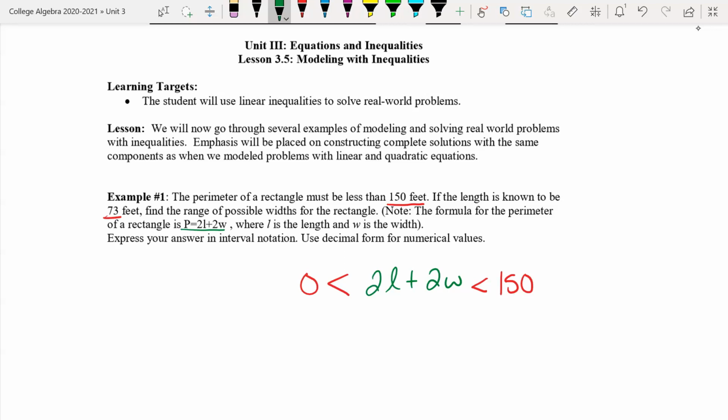All right, so what you do, so that 2 times 73 plus 2W less than 150.